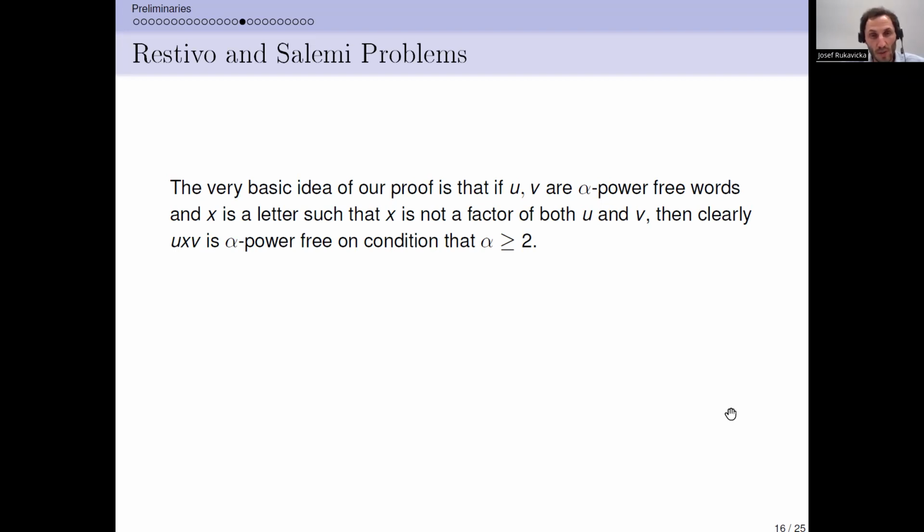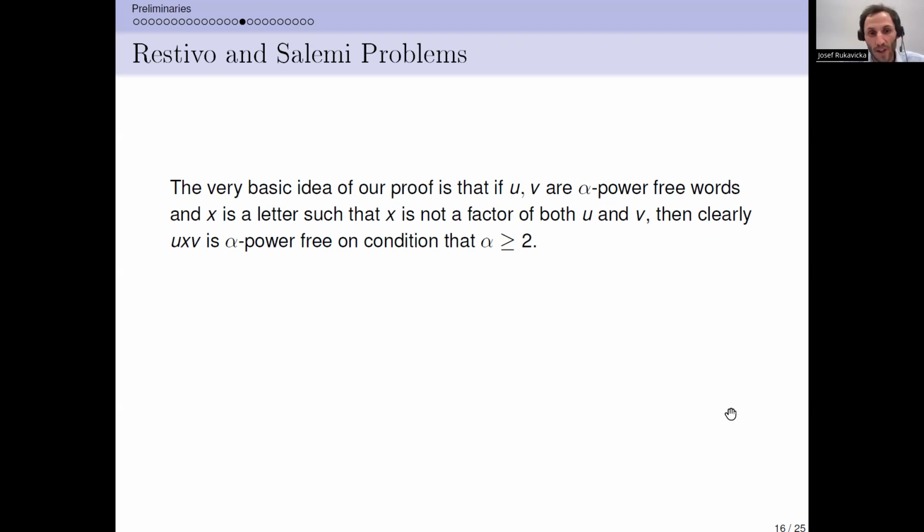There is some finite factor which contains all the occurrences of the letter x, and this bunch of occurrences needs to be repeated, and it is not repeated. So principally, it is like in the case of the single occurrence of the letter x, and for the long factors, it is easy. The idea is the same. You just need to take care of the short factors that are located in the neighborhood of these occurrences of the letter x.